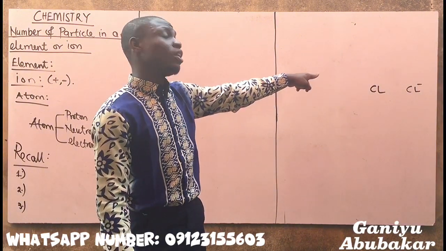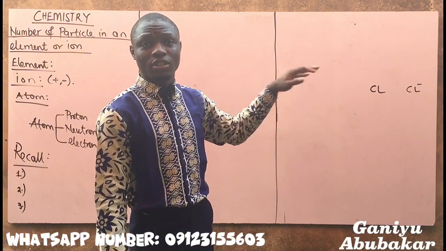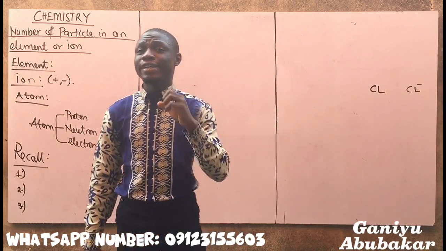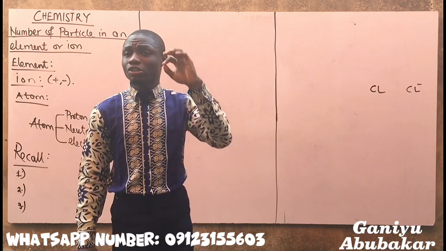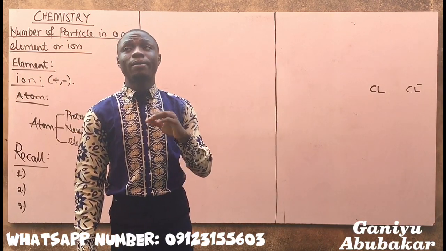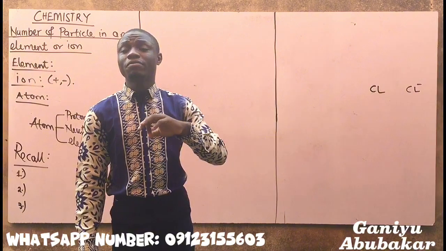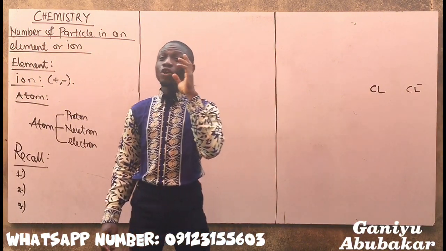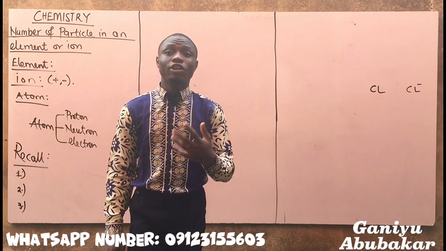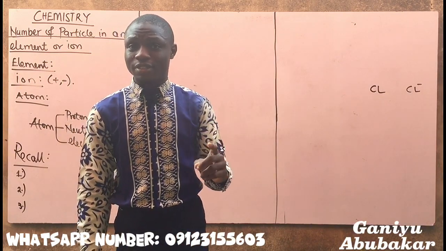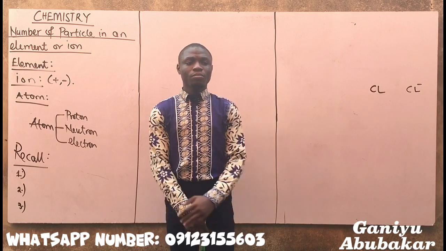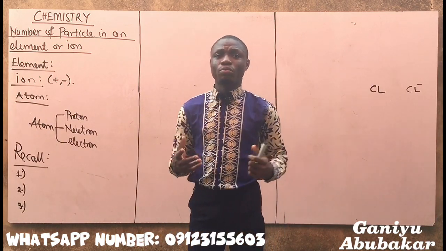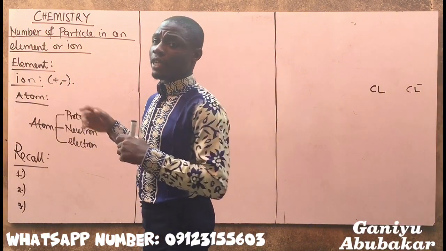That's the concept behind a neutral atom. And there are equal amounts of protons and electrons for a neutral atom. Very, very important. Let's take some examples and further explain this concept.